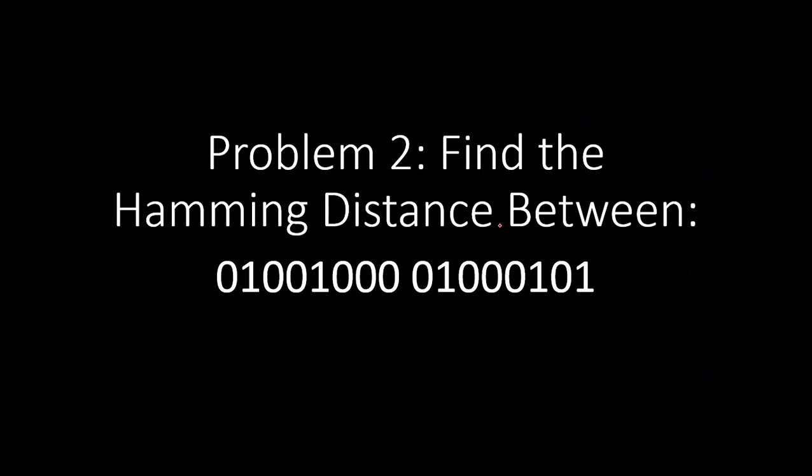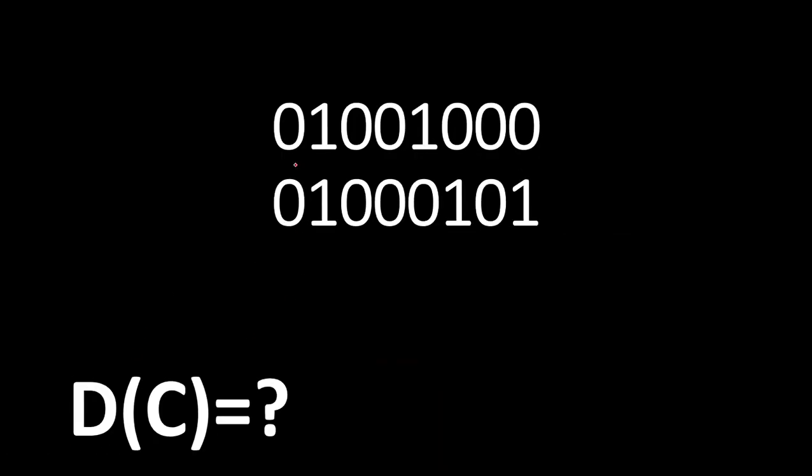Problem 2 is also very easy. Find the Hamming distance between these two codes. To make our lives easier, we're just going to move this to the bottom. You're gonna see why, because as you can see, they are perfectly aligned. Now all we have to do is compare each place value with one another. 0, 0, are they the same or not? Yes, they are. 1, 1, yes. Are these the same?